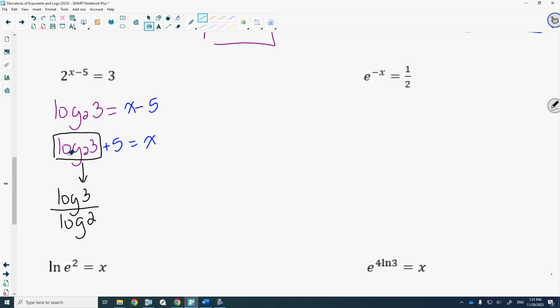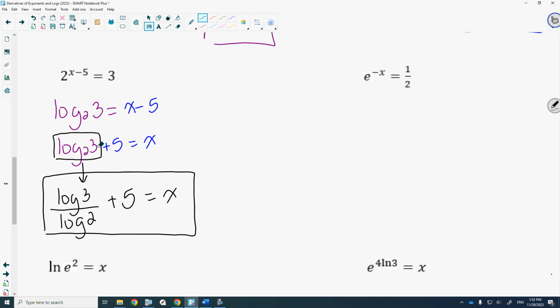Right now this is a log with a base of 2, but if I didn't have a button to type in base of 2, I could type in the log of 3 divided by the log of 2, and I'd get the same answer. So log of that plus 5 is equal to x. This is one method that we could solve, and you could solve this method if you want.